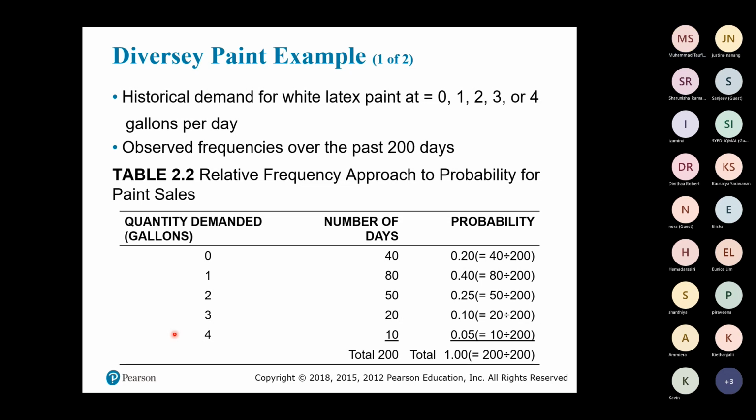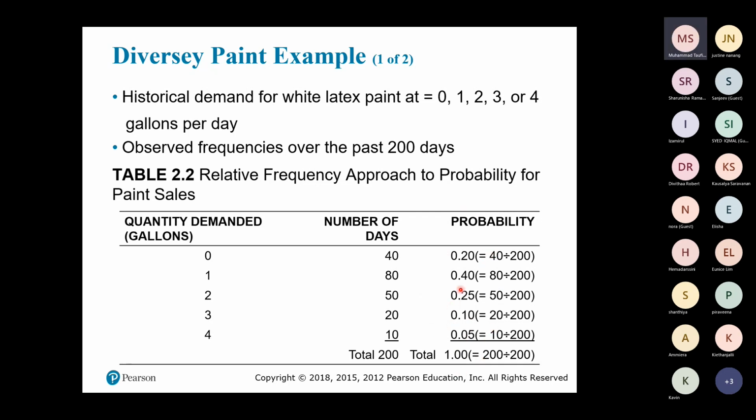So that is just the application. I showed you a little bit about how we use probability in our business life. This is how you calculate the probability and how you use these numbers in your business activities.